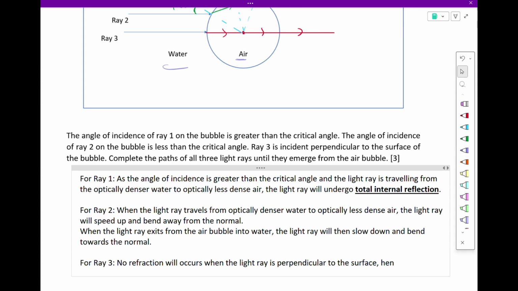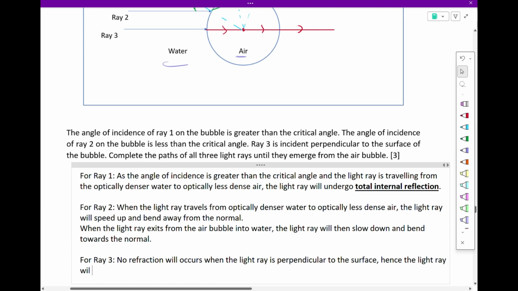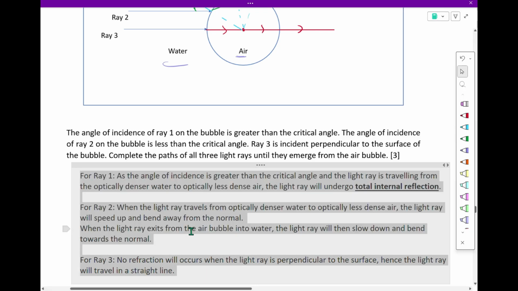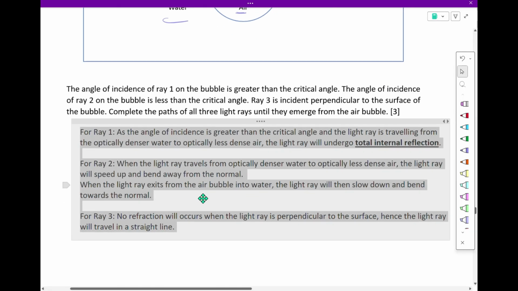Hence, the light ray will travel in a straight line. So therefore, nothing happens, it will just travel in a perfectly straight line.